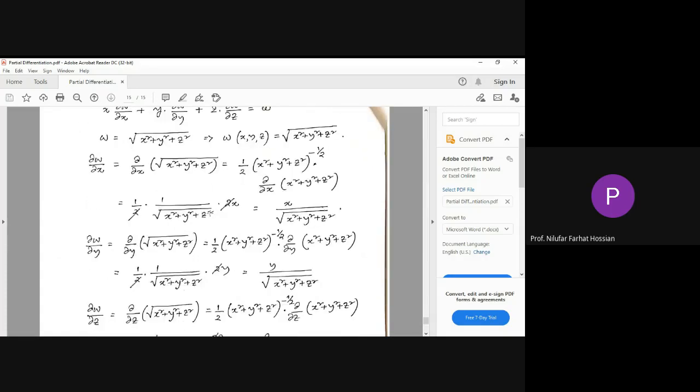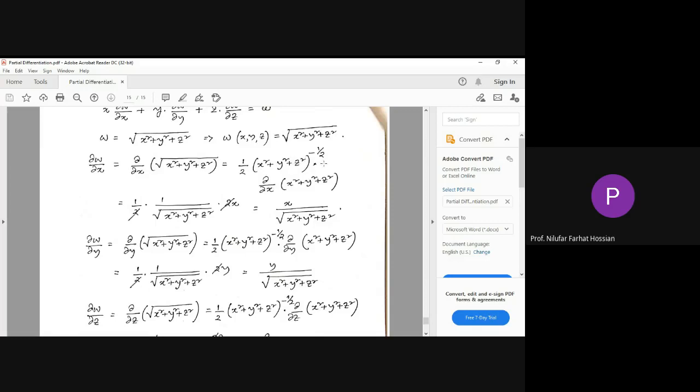You know it is a partial differentiation with respect to x. So this whole thing should be considered as root over x. And what is the derivative of root over x? It will be half into x to the power minus half. So half into this whole thing to the power minus half, but this thing should be differentiated partially again with respect to x and then multiplied here.